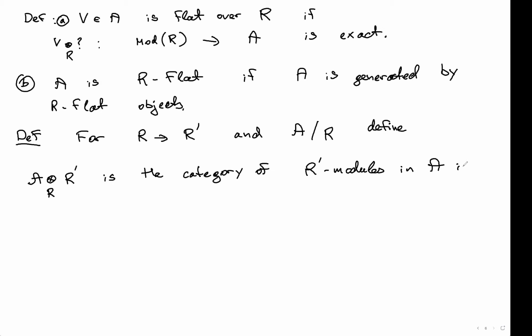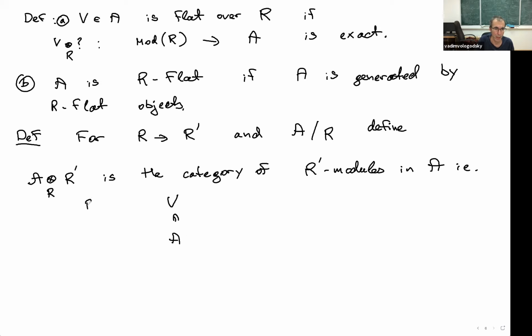So what it means is that you look at V in A, together with an R algebra homomorphism from R prime to endomorphisms over A of V. So that must be R linear.